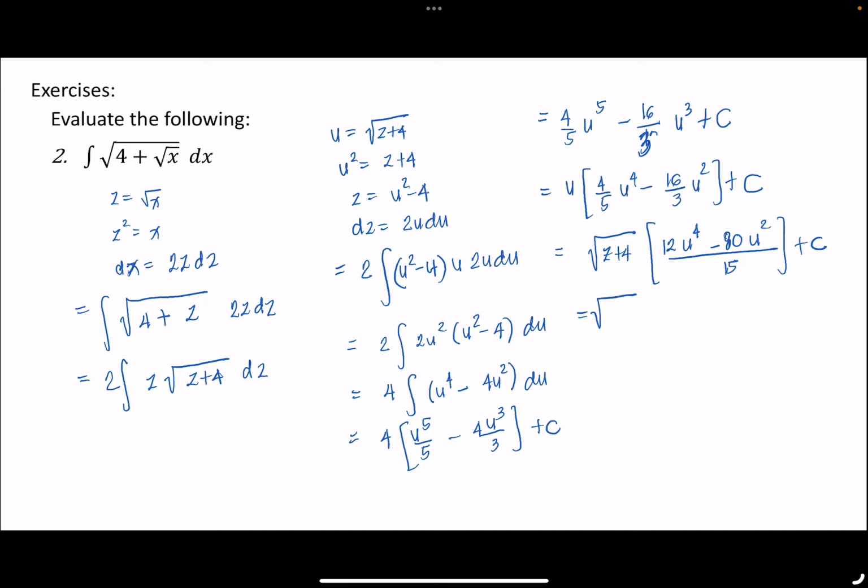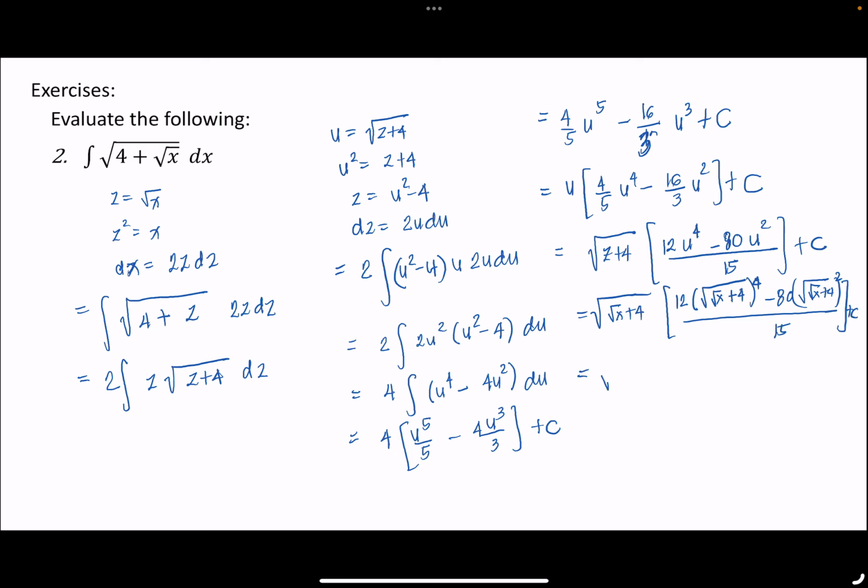So we have the square root of z plus 4, where z is the square root of x, and then we have 12 u to the 4th minus 80 u squared all over 15 plus c. That is, 12 times (square root of x plus 4) squared minus 80 times (square root of x plus 4).